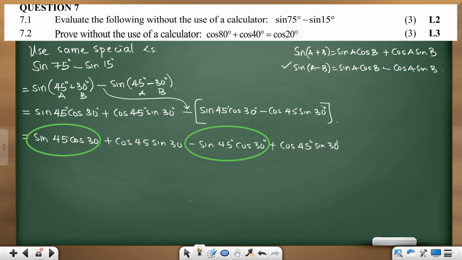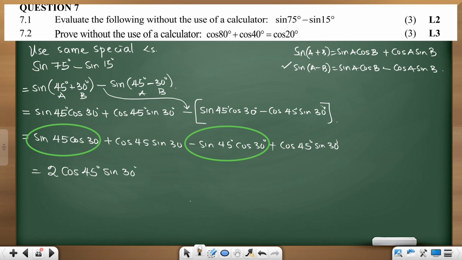Oh yeah, positive here. So can you see that those two cancel? But what do you notice about the other two? They are the same. Cos 45 sine 30, cos 45. So what would that give me? 2 cos 45 degrees sine 30.